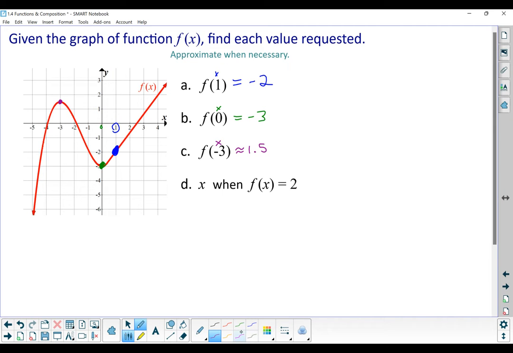Okay, the last one, hopefully you recognize as the backwards case. It's asking us to give the x for which f of x is equal to 2. So this 2 is not an x value. It's actually a y value. It's an output value.